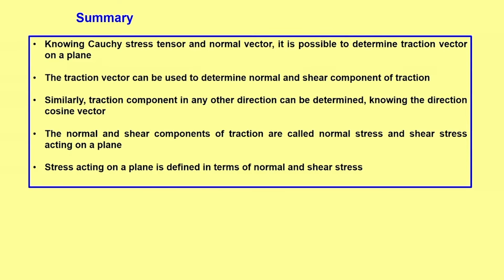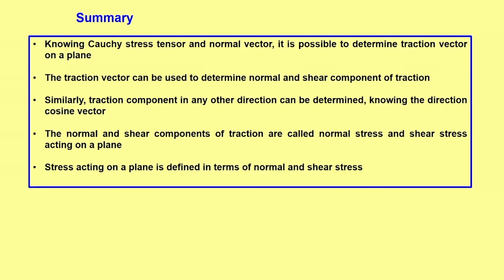To summarize, knowing Cauchy's stress tensor and the normal vector, it is possible to determine the traction vector on a plane. The traction vector can be used to determine the normal and shear components of traction. Similarly, the traction component in any other direction can be determined knowing the direction cosine vector. As of now, we have determined it for the normal direction.